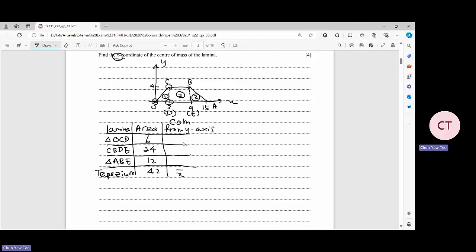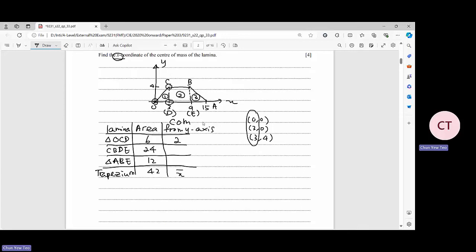That means the coordinate 0, 0. The point D is 3, 0. The point C is 3, 4. So to get the x-coordinate of the center of mass from the y-axis, just add the 3 of them together, divide by 3. You get 6 divided by 3, you get 2.